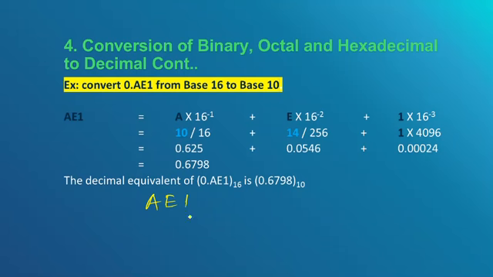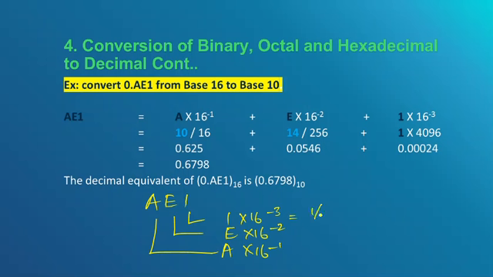AE1, okay, so we'll convert this into a decimal value. So AE1, into 16, and the powers will be from bottom to top. So -1, -2, -3. So which will be 1 by 16 power 3, and E is 14. So A, B, C, D, E. E is 14, F is 15.